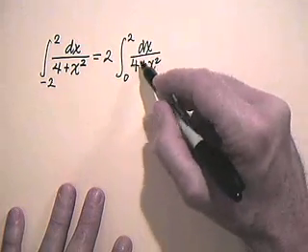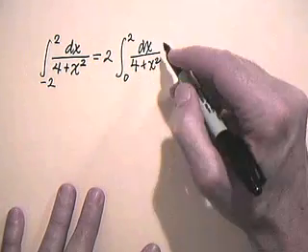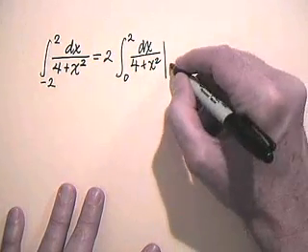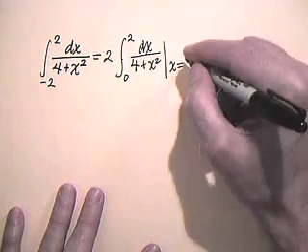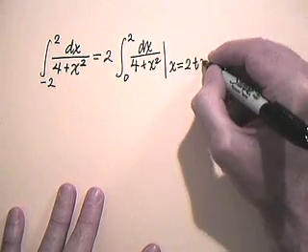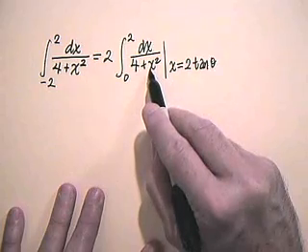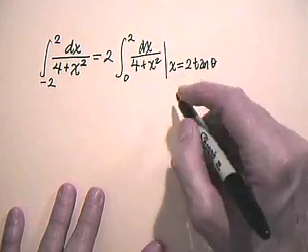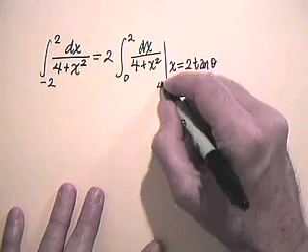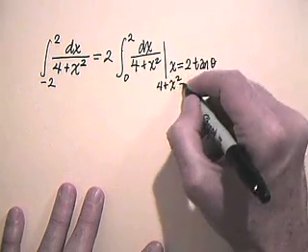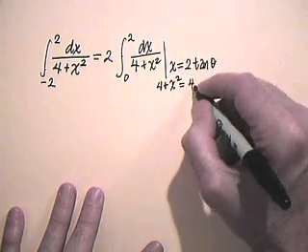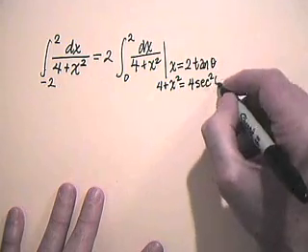Notice we have down here in the denominator 4 plus x squared, and so if I make the substitution x equals 2 tan theta, then x squared is 4 tangent squared theta, and so consequently 4 plus x squared will be 4 secant squared theta.